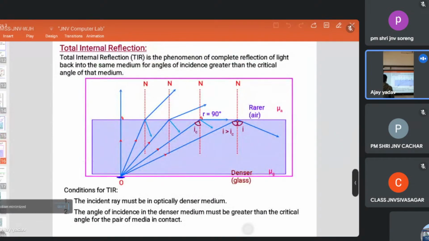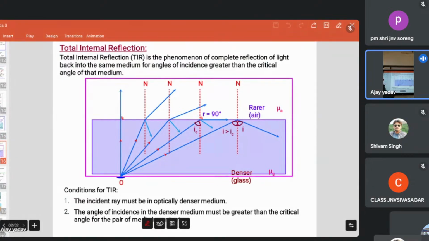Now next is TIR, total internal reflection. So what is TIR? It is the phenomenon of reflection of light back into the same medium.